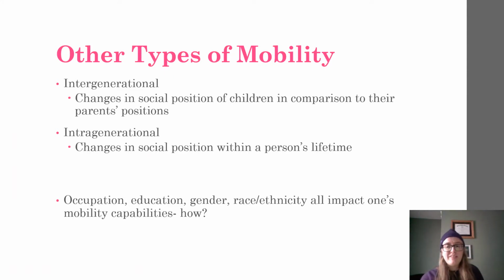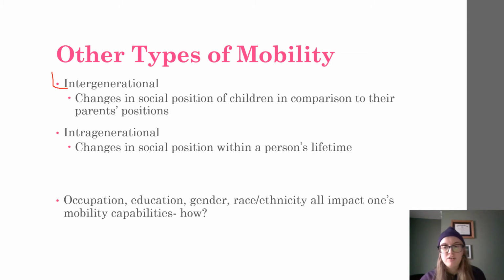Now, there's a lot of different other types of mobility as well. You can think about, for instance, here in the US, it's a very big value that parents want their children to either do better or earn more than they themselves have. And that's called intergenerational mobility. So there's changes in the children's social position compared to their parents.